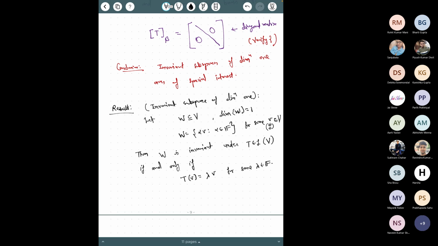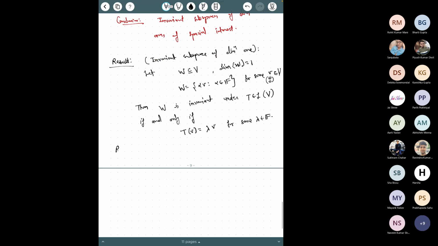It is invariant under T if T of V is equal to lambda times V for some lambda in the field F. So let me quickly go through the proof. It's an if and only if, so we have to prove both directions. It's a very straightforward proof.